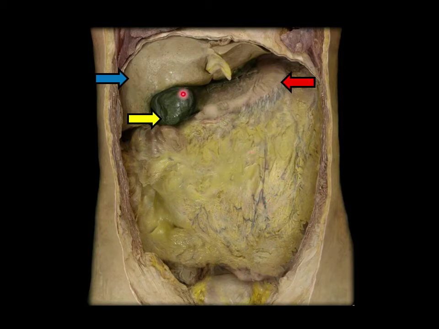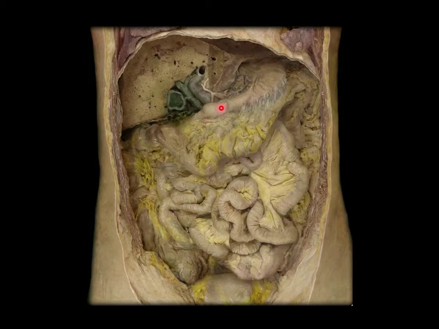Then here we see the gallbladder, here we see the liver, and here we see the stomach. So no kidney visible yet. When we take some of these structures out, the mesentery, the connective tissues, now we start seeing the small intestines, and we have part of the liver and gallbladder taken out, but still we don't see the kidneys.